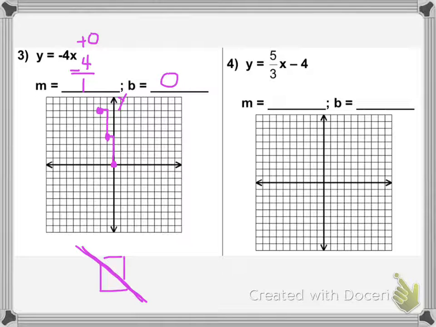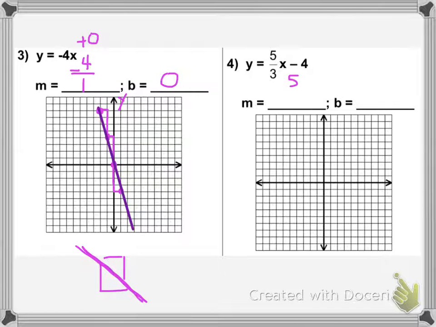Just the same from the origin, I could have gone down 4 to the right 1. 1, 2, 3, 4, to the right 1, put a dot. Once you get a few points, now you're going to line those up with your straight edge, and you are going to connect those points with a straight line. There you go.